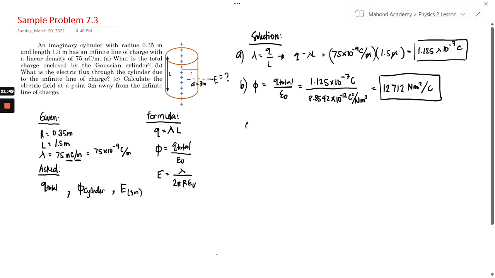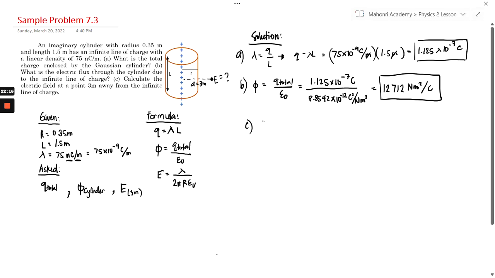And lastly, calculate the electric field at a point 3 meters away from the infinite line of charge. So we know that there is an electric flux through this cylinder. If I choose a point that is 3 meters away from the infinite line of charge, what is the electric field at this point?